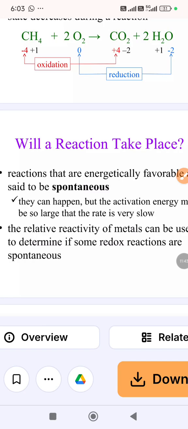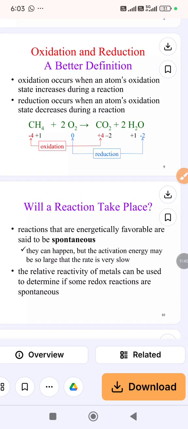Yes, reactions that are energetically favorable are said to be spontaneous. They can happen, but the activation energy may be so large that the rate is very slow. The relative reactivity of metals can be used to determine if some redox reactions are spontaneous.